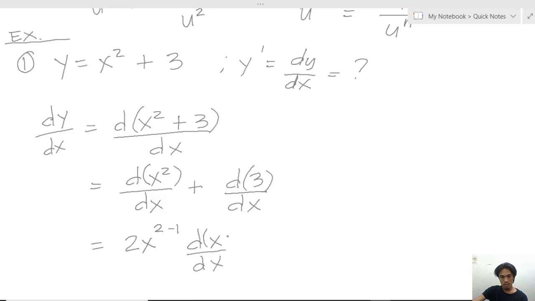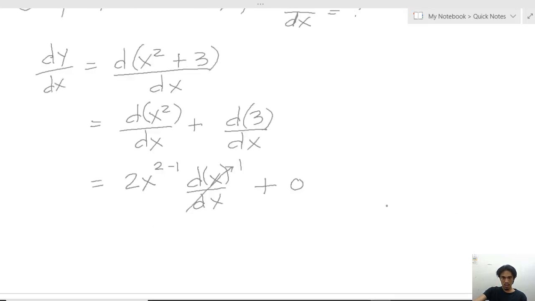This is for the first part. And last, the derivative of the constant 3 with respect to the variable x is equal to 0. So simplifying, the derivative of x with respect to x is just simply equal to 1.